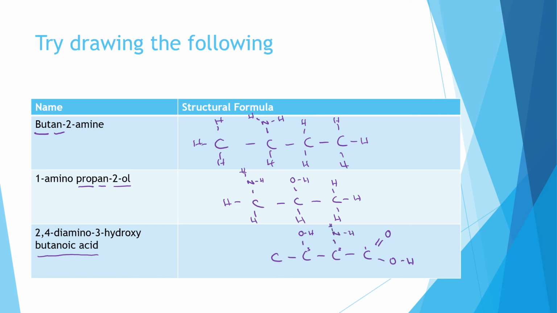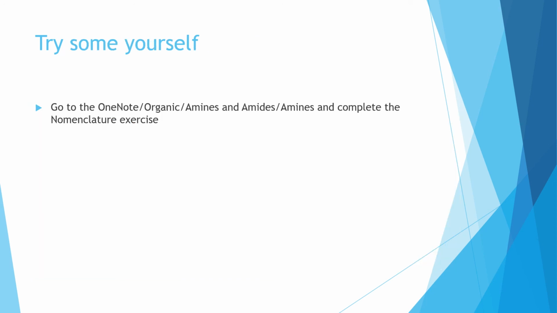And then on carbon number 4 we have another amino group. Now put the appropriate number of hydrogens so each carbon has 4 bonds. I'd like you to go to the OneNote, Organic Amines and Amides, and do the nomenclature exercise on amines. Good luck.